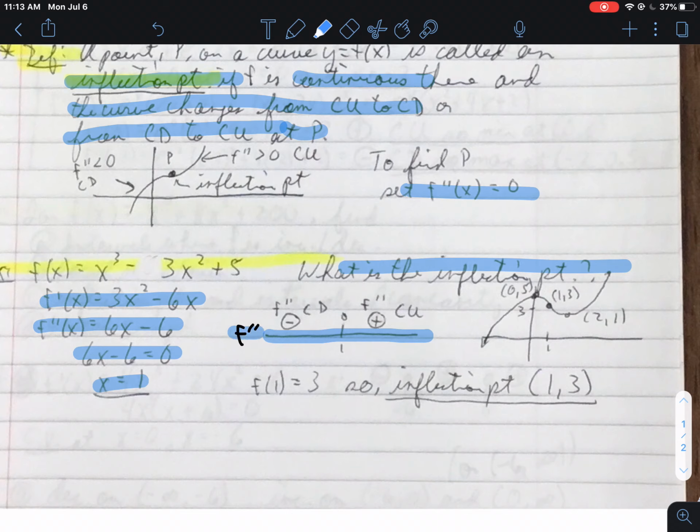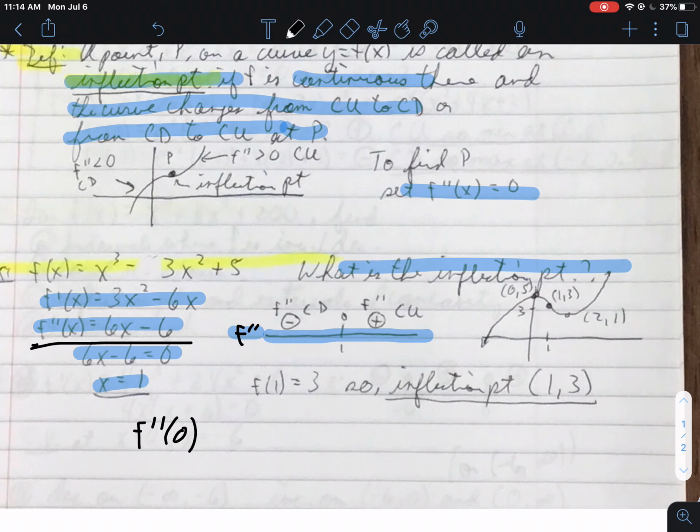That's a test strip for that function. And then we'll plug in sample points just like we did with our first derivative. So I didn't write it out. Let me go ahead and do that. So let's say, for example, I plug in f double prime at 0. All right. So again, you're plugging those values into your second derivative, into this guy.